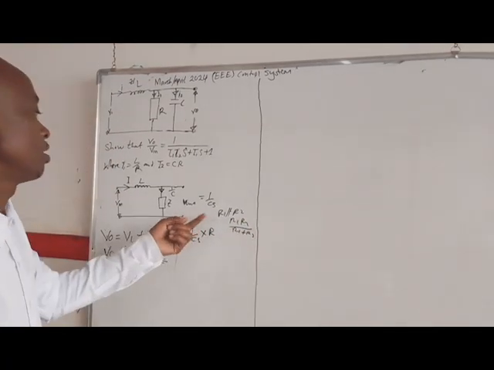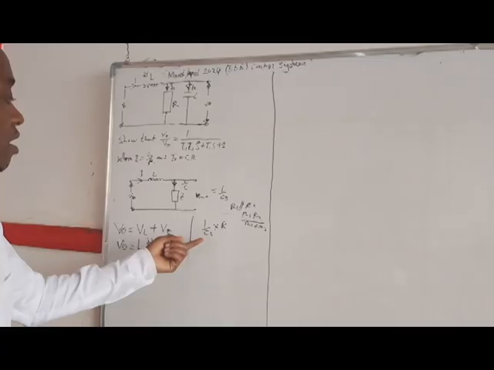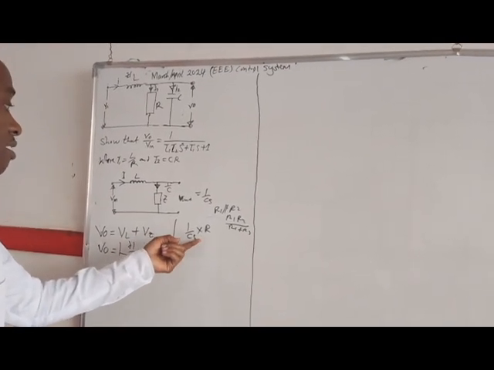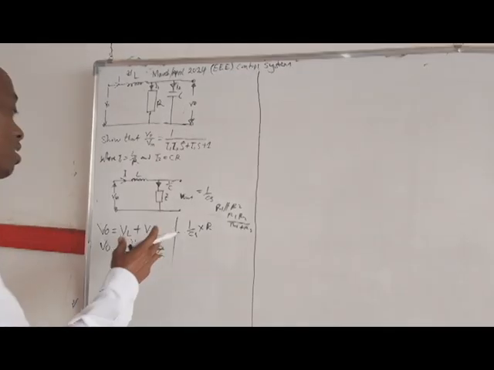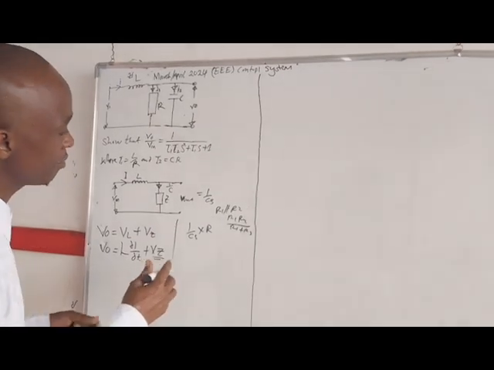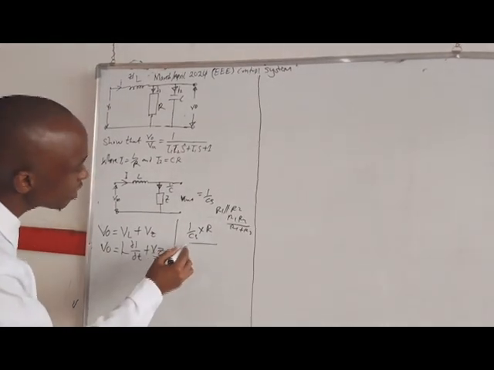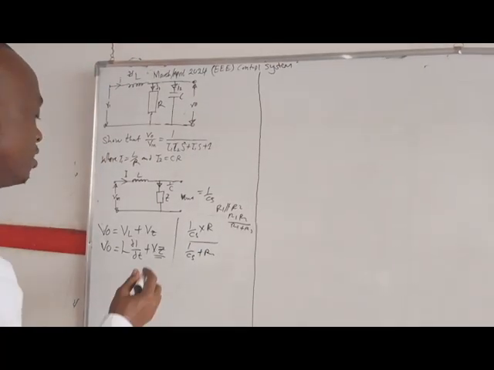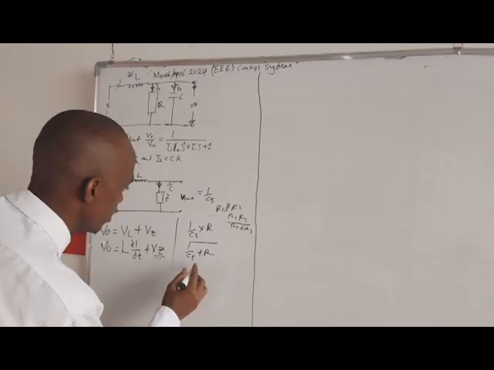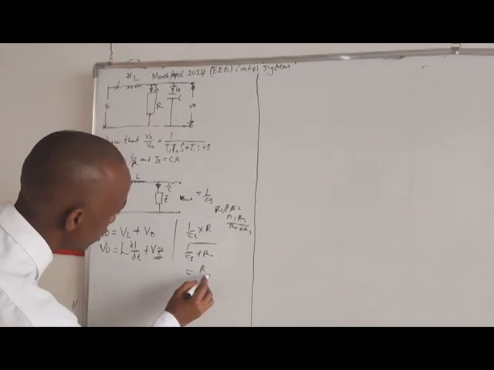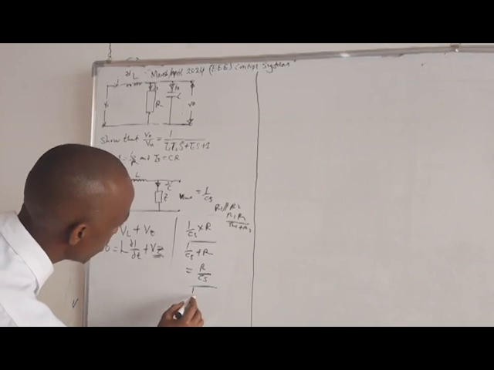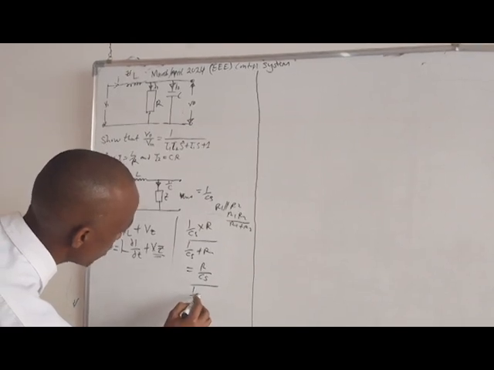Our capacitor, or reactive capacitance, is in parallel with R. So we multiply 1 over Cs times R divided by 1 over Cs plus R. Now we get R over Cs divided by 1 over Cs plus R.